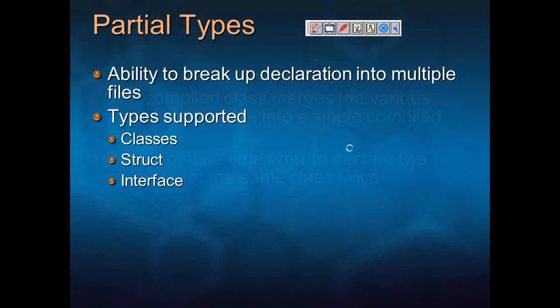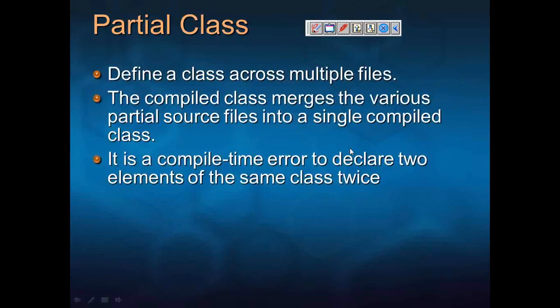Defining a class, or basically a type, which can be a structure or interface also, across multiple files. So the compiler will merge the code from the various files ultimately into a single compiled class. So it will be a compile time error to declare two elements of the same class in different files.